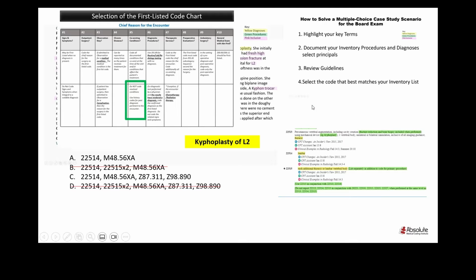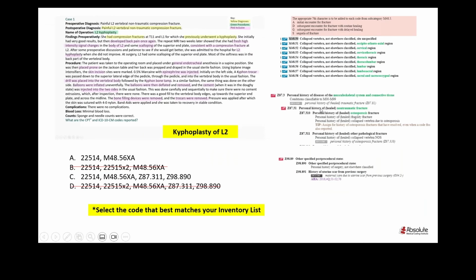So we have to use a history code for what procedure was performed. We have a spinal surgery, a kyphoplasty, in the past. Also, the patient had a vertebral fracture as well. So with that given, option A is not coding for those history codes, and option C is coding for history codes.